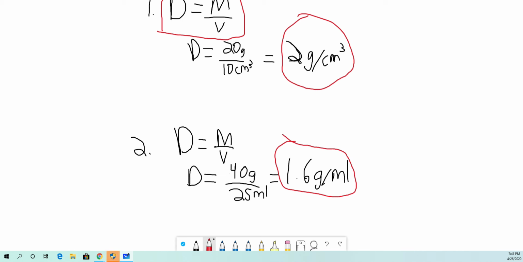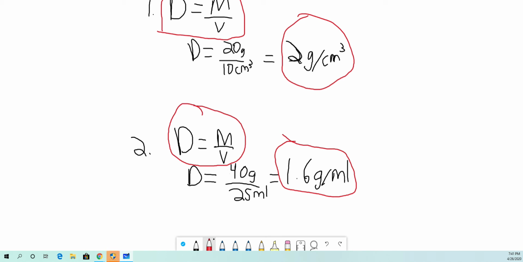Okay. Now let's look at number 2. Again, in number 2, it's asking us what is density. It gives us mass, it gives us volume, but it does not give us density. So again, we're going to pick equation 1, d equals m over v. Now, we look at the word problem.